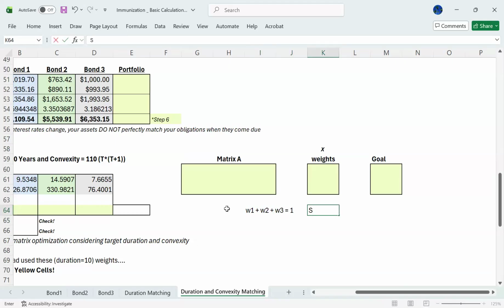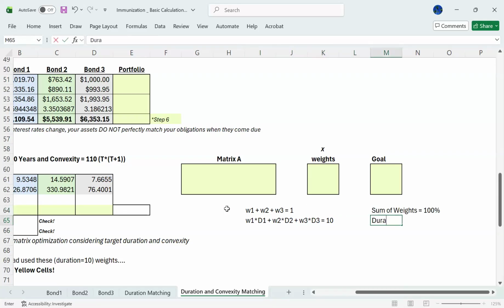So sum of the weights equal to 100%. The second condition I want is weight 1 times duration 1 plus weight 2 times duration 2 plus weight 3 times duration 3 has to be equal to 10. I mean, that is the duration of a portfolio. And the goal here is that that duration has to be 10.